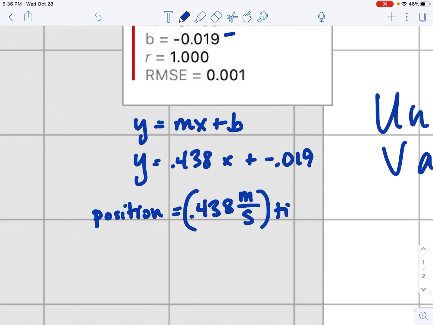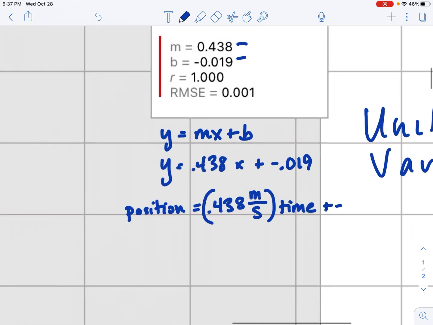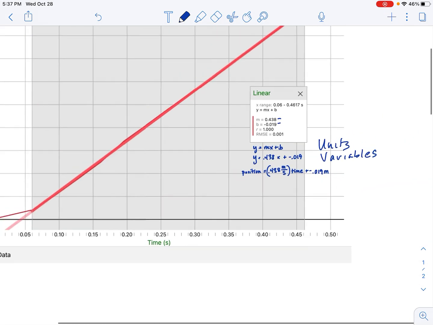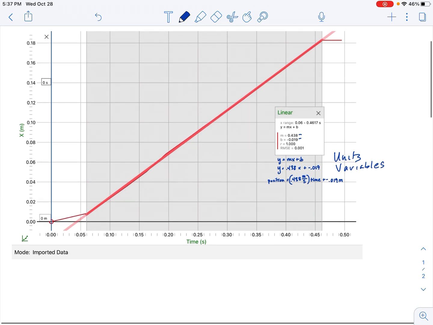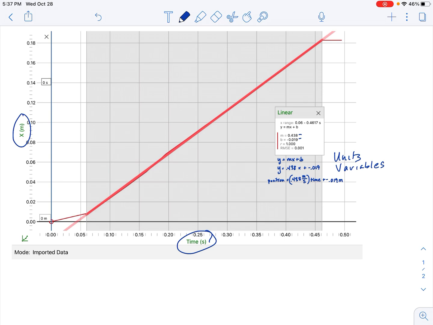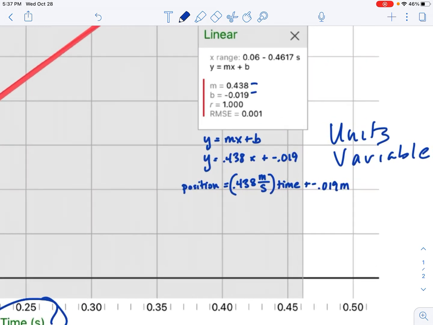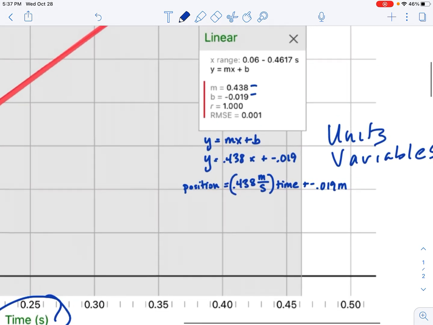The horizontal variable is time. And then our y-intercept is negative 0.019 meters. Okay, so again, I was using the vertical and horizontal variables and plugging those in to write my equation properly.